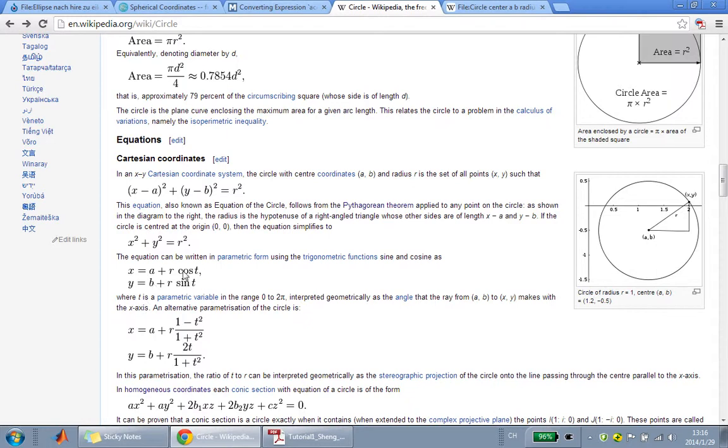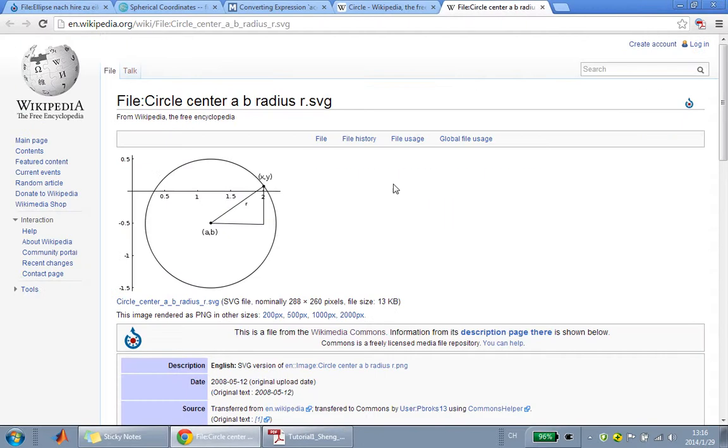Here the cosine t, sine t. What's the geometric meaning of t? Let's say in this figure, you can see that this circle is centered at a, b, and with radius r. Then for any point here, let's say it's x, y on this circle.